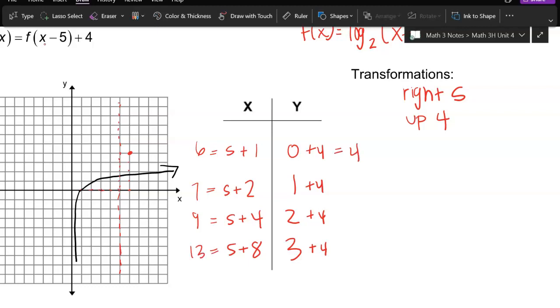So then we get 4, 5, 6, and 7. All right, so at 6, we should be at 4, which we have that point there. Then 7, we're at 5. 9, we're at 6.